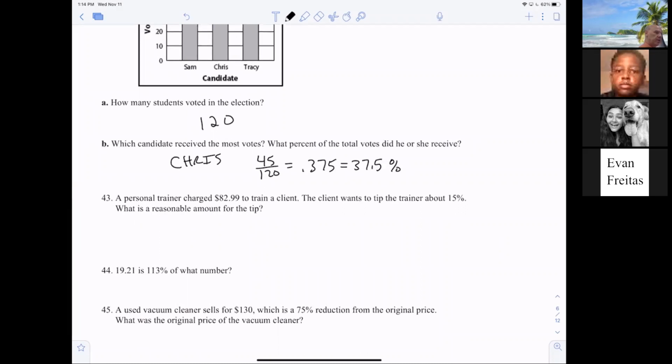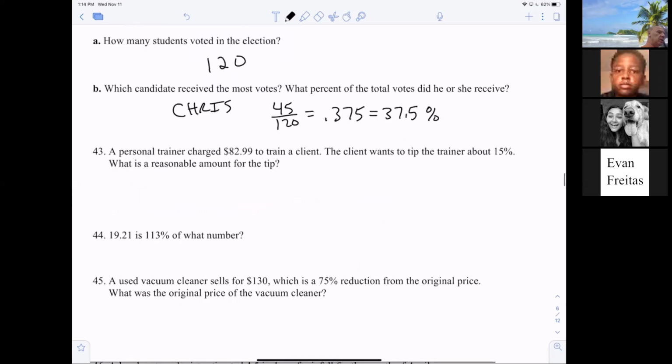All right. A personal trainer charged $82.99 to train a client. The client wants to tip the trainer about 15%. Most of the time, we wouldn't say $82.99. We could round that to 83. And then you multiply that by 0.15, right?